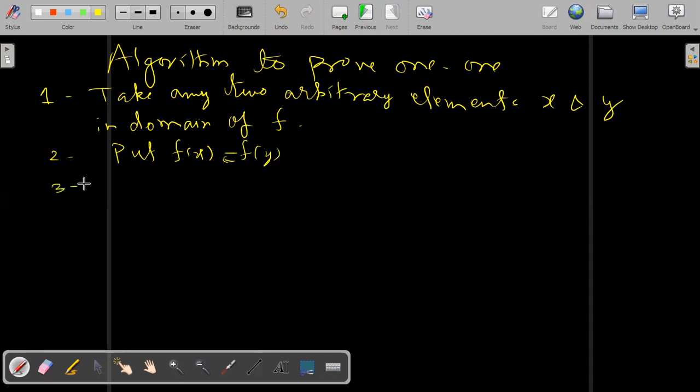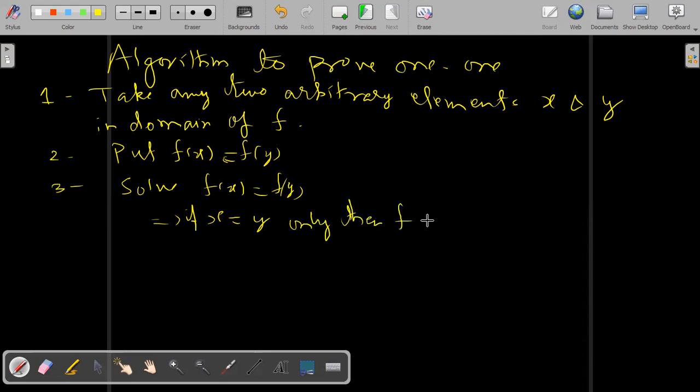Then step number 3, solve f(x) equal to f(y), and if it gives that x is equal to y, only then f is one-one.